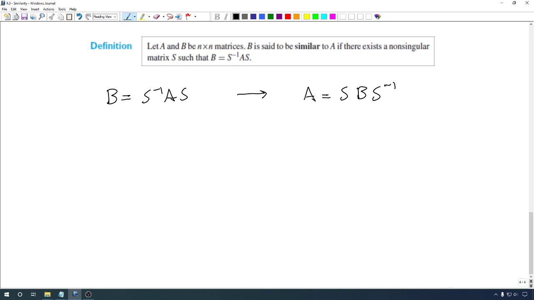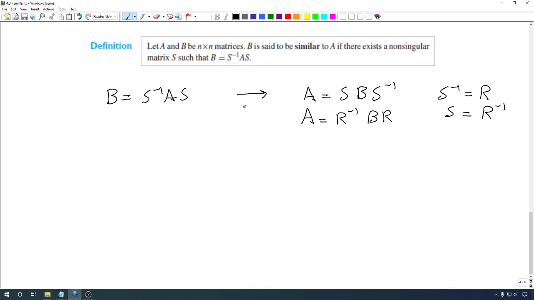That looks a little different from the form we want, so let's say S inverse is some matrix, call it R. Then S is just R inverse, since the inverse of the inverse is the original matrix. So really what we have here is A equals R inverse B R. We have a different name for the non-singular matrix, but we get the same form, and it's the form we're looking for.